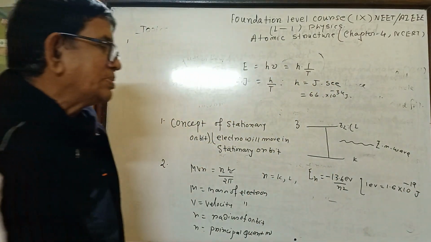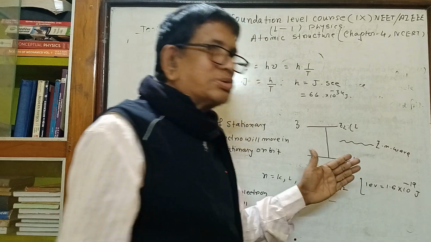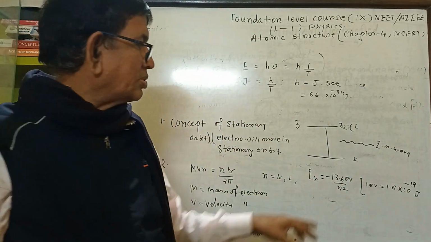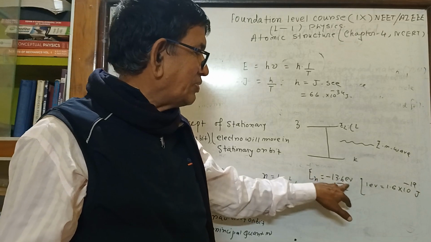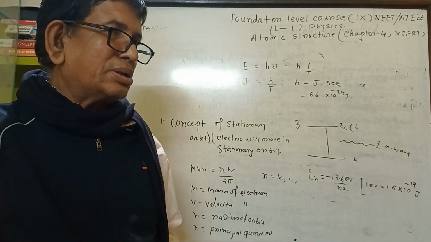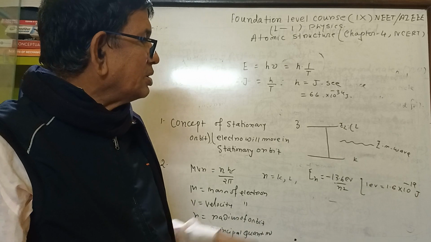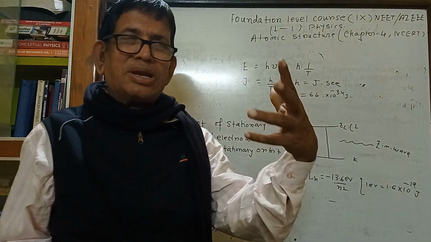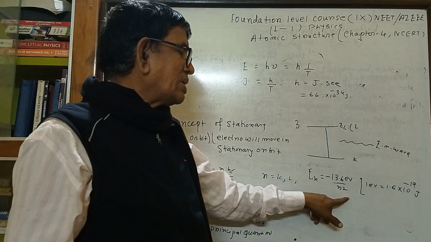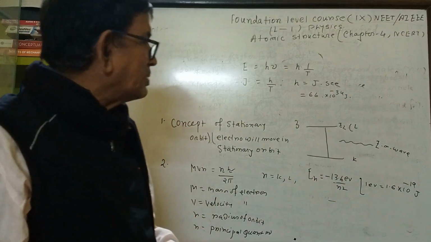This formula you always remember. That means 1 electron passing through 1 volt. Energy equals minus 13.6 eV by n square, where n is the orbit number. This is the easiest formula you can use when calculating orbit energy, for n equal to K, L, M, N, in this way you can imagine.